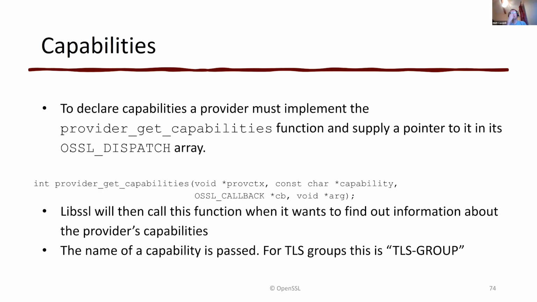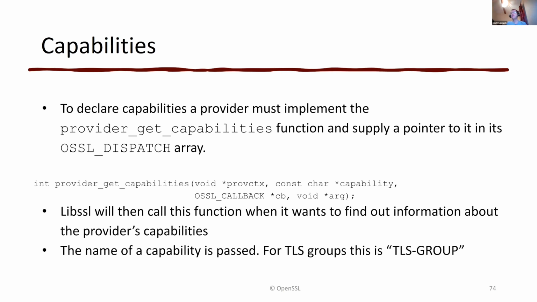So how do you do it? There is this function provider get capabilities that your provider will need to implement, and it just is inserted into the OSSL dispatch array that Richard talked about earlier in his talk, and it looks like that on the screen. So it takes in a provider context, it takes in a capability name, a callback, and an arbitrary opaque argument.